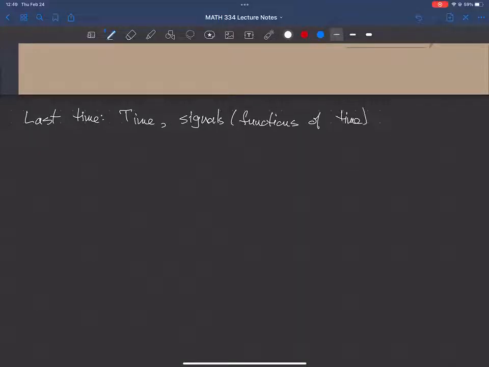And we talked about vector spaces whose members are functions. And we had some important examples of such vector spaces.